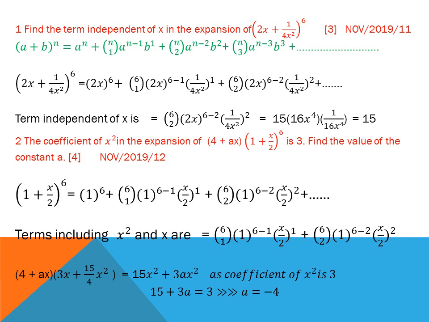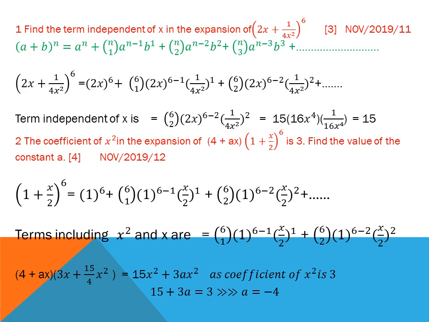Now when I expand this formula, I only need the term which has the variable x only. In the first term, x^6; in the second, (2x)^5 and 1/(4x^2), where powers cancel out with each other and the remainder is x^3. In the third term, 6C2 (2x)^(6-2), which means x^4, and 1/(4x^2) squared, which means x^4 in the denominator. To find the term independent of x, we choose the term whose variable cancels in numerator and denominator.